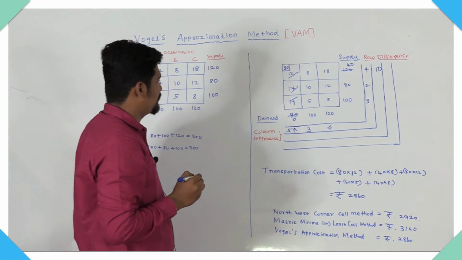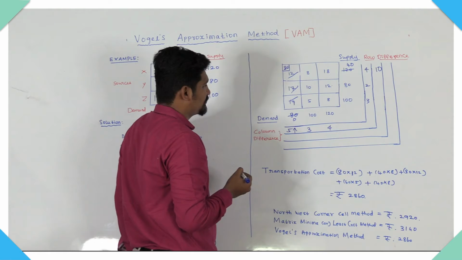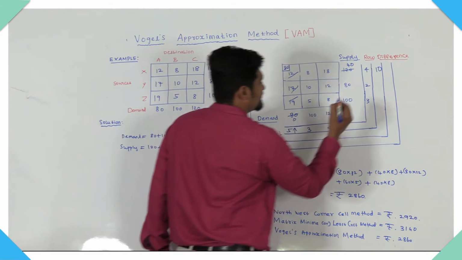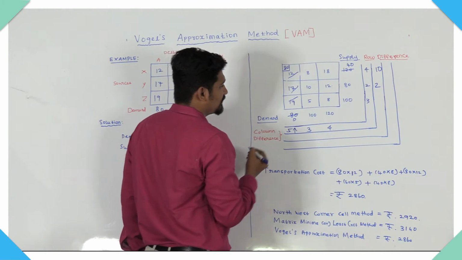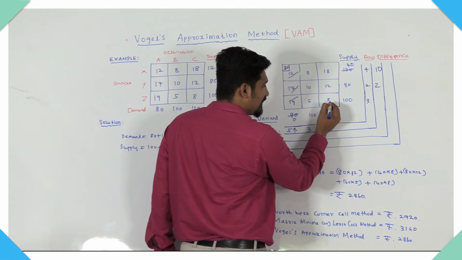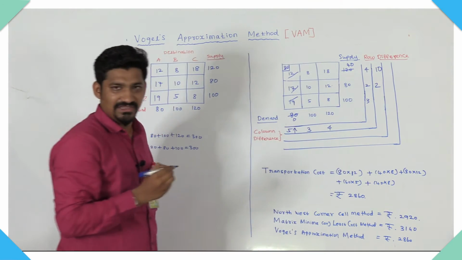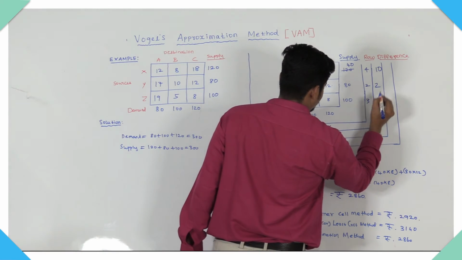In row 2, which one is the least value? 10 is the least value, and the next least value is 12. Now find the row difference, that is 2. In row 3, which one is the least value? 5 is the least value, and the next least value is 8. Now find the difference between these two values, that is 3.